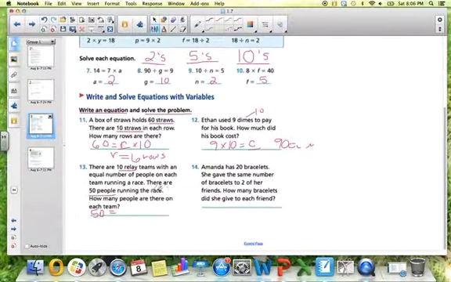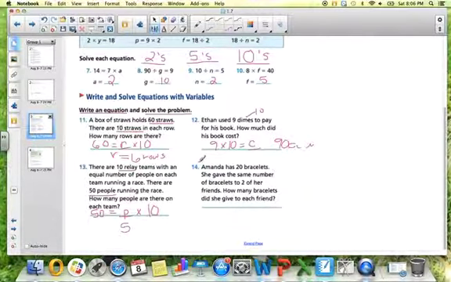We need to figure out how many people, so we're going to represent this unknown factor with P. So P multiplied by 10 relay teams. Okay, 10 multiplied by what equals 50? And the answer is 5 people.